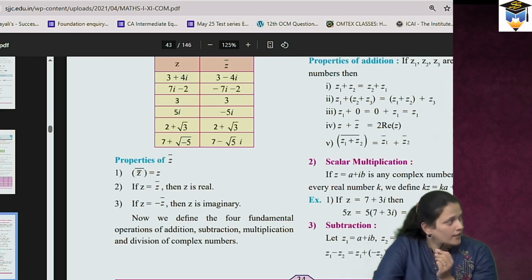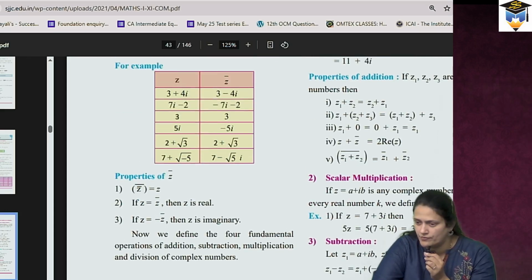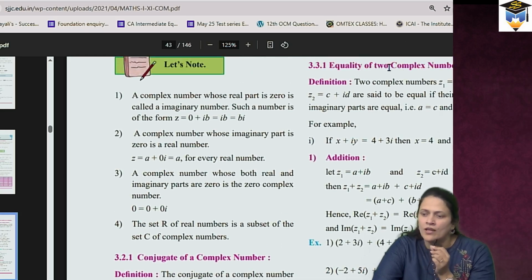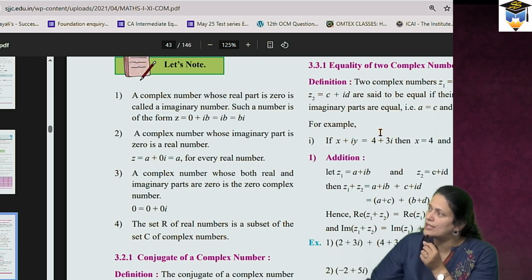Finish writing? Now let us go to the addition. Now equality of two complex numbers, as you can see over there. Online students, are you able to see the textbook correctly?